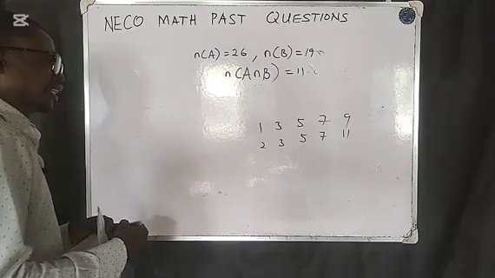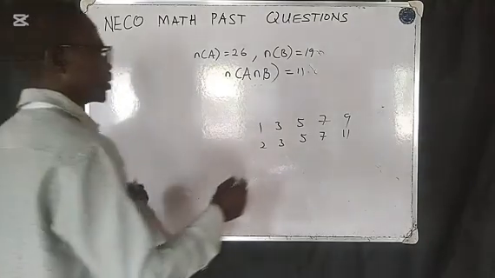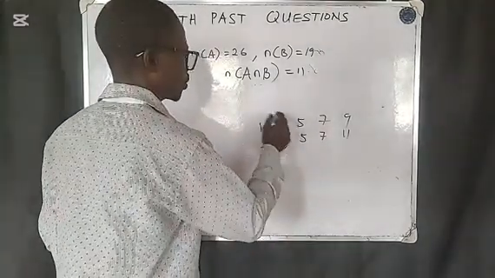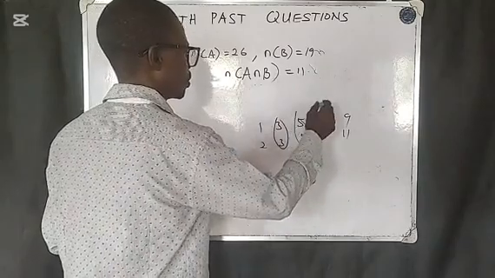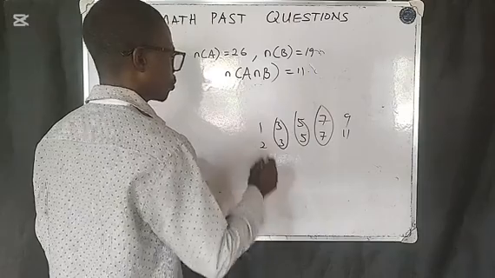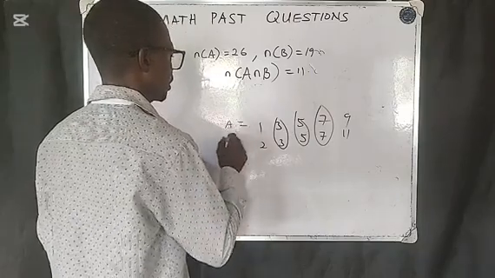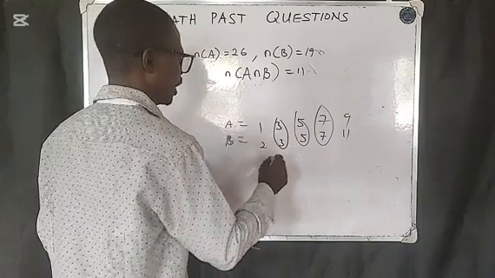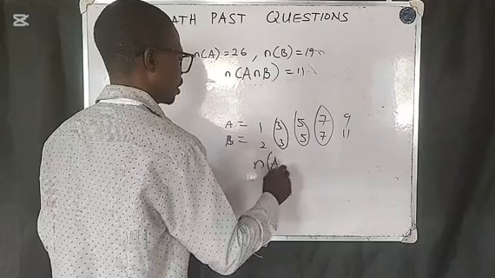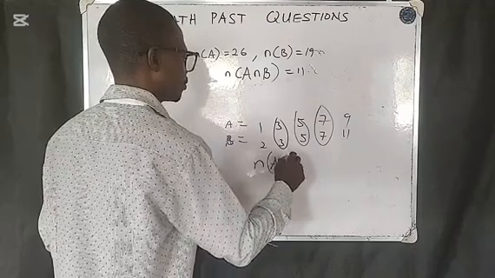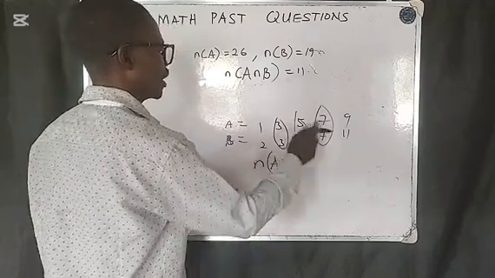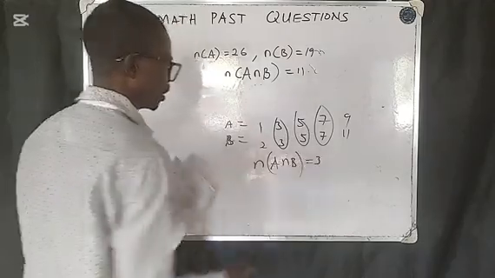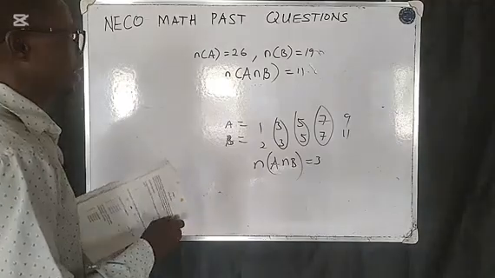So assuming these are sets, we have common numbers, right? So we write this one is common, this one is common, this one is common. So if this is A, this is our B. So A intersect B will be equal to 3.